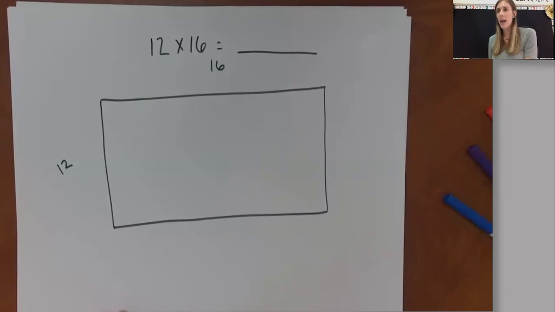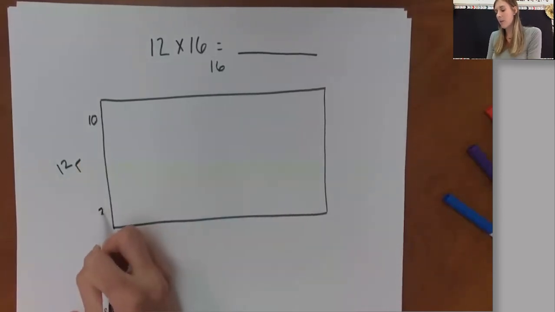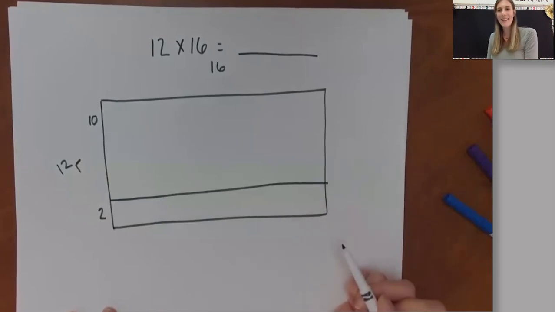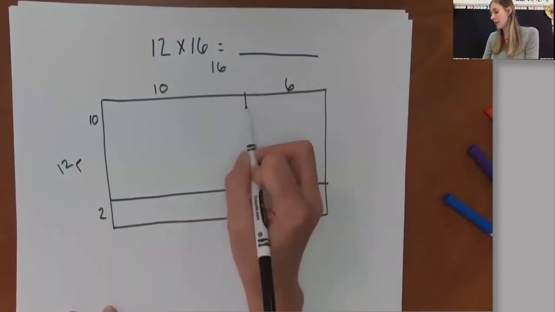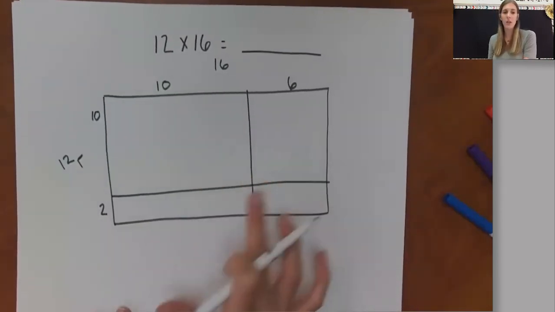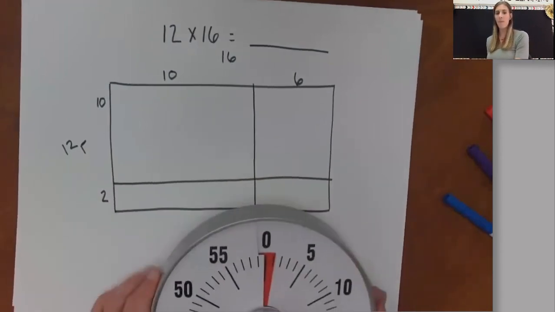Let's go ahead and expand those out. 12 in expanded form, 10 and 2. 16 in expanded form, 10 and 6. And then you go through and find the partial products for each section, and then we'll check together. I'll give you about a minute to do that.